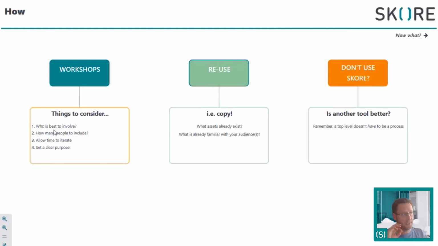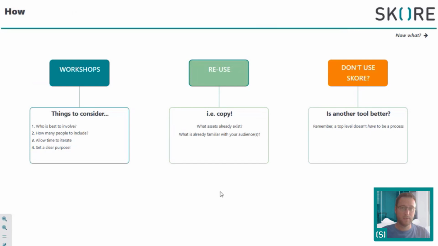And with that in mind, we say this against every workshop, set a clear purpose, but even more so here, what is this for? Why are we mapping this? And try and get people behind that. And the second point here about how to create top level is you can basically copy it.